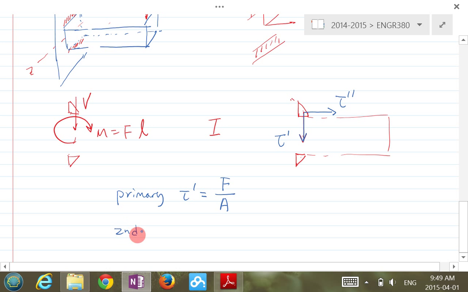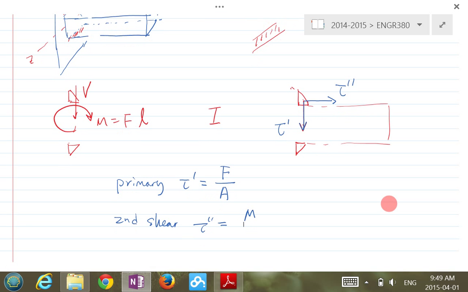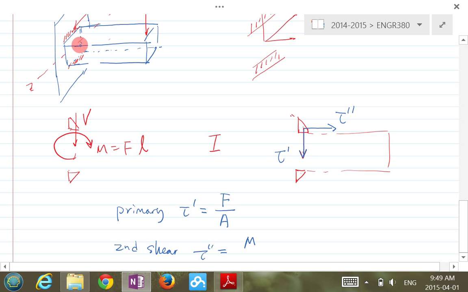Secondary, tau double prime, and that's going to be M times half of the distance here. Technically speaking, you need to calculate from here to here, plus maybe half of h.